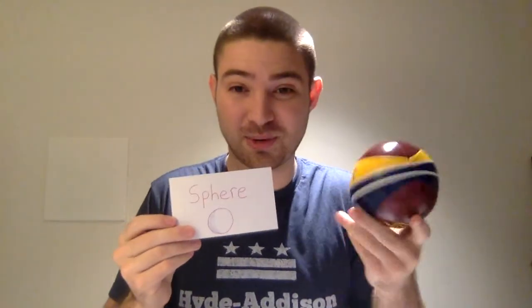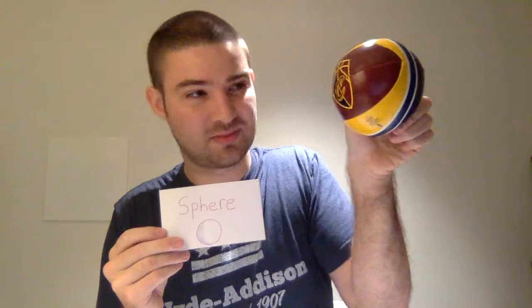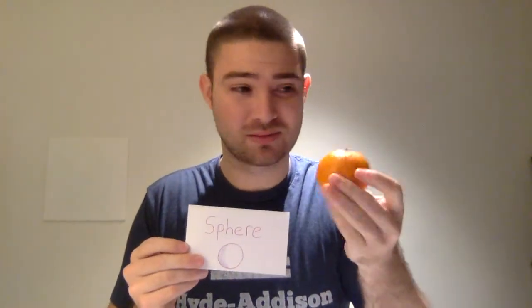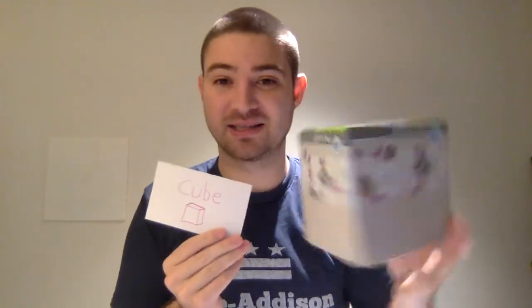A sphere could look like a basketball for my Cleveland Cavaliers, or like an orange, all right? And a cube could be like a box of tissue, something you guys see every day, maybe at home, but definitely at school, all right?